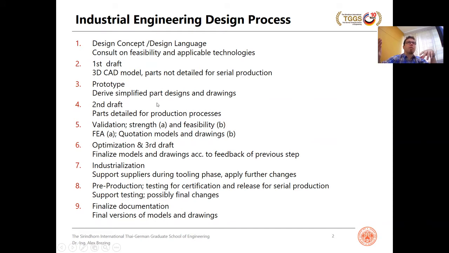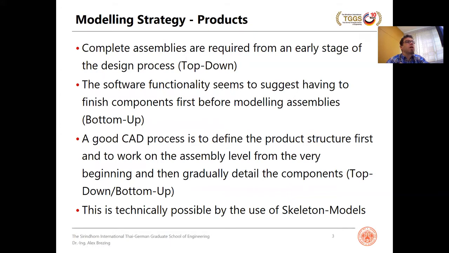And then actually we go into iteration, which means we make changes after we tried it. So generally, there is a need to have a CAD model very early on. And that actually supports the general idea that working top-down first is a good approach.